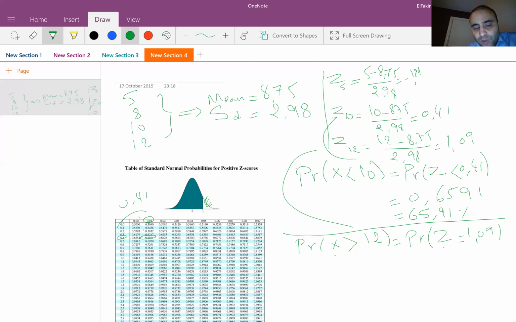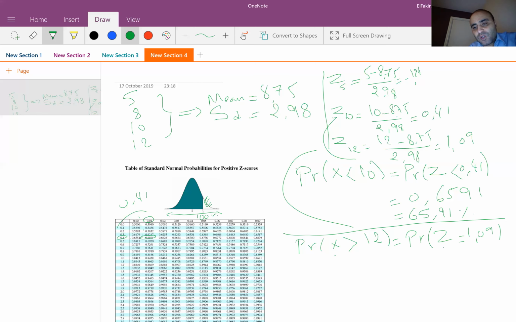Now, the only problem is that the standard distribution table gives us values below a certain value, and it doesn't give us values above a certain value. But we have an idea. We know that the whole of this, in fact, is 100%.